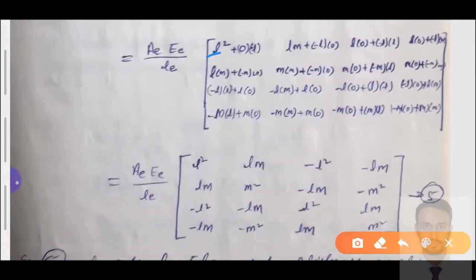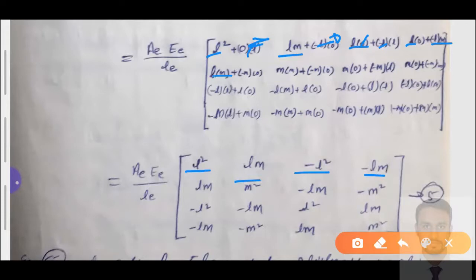So this L square, this will go 0, L square; we have Lm here, this will go 0, this will be L into 0 is 0 minus L into L minus L square, this will be equal to 0 minus L into m. So we have this one.